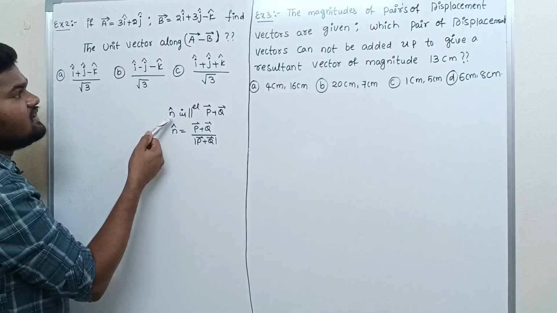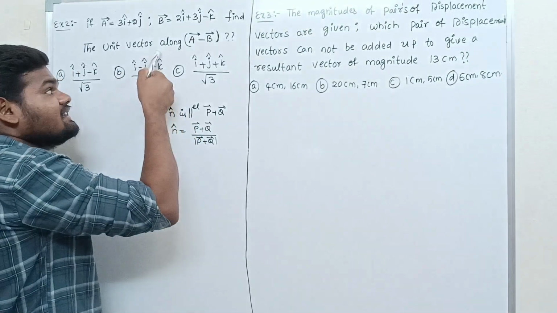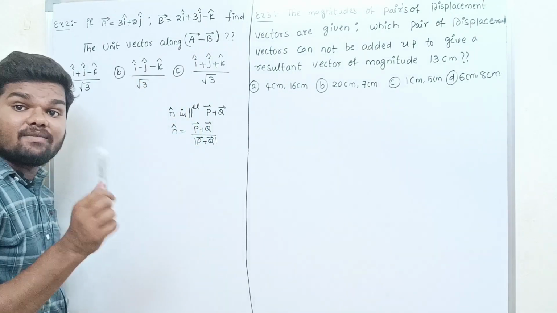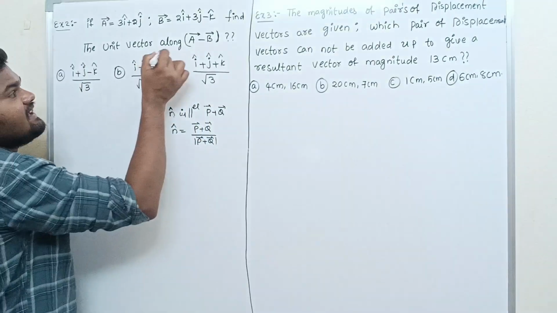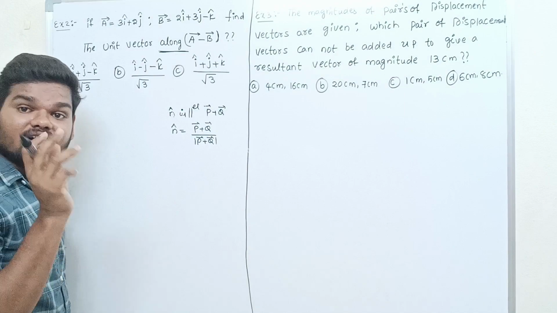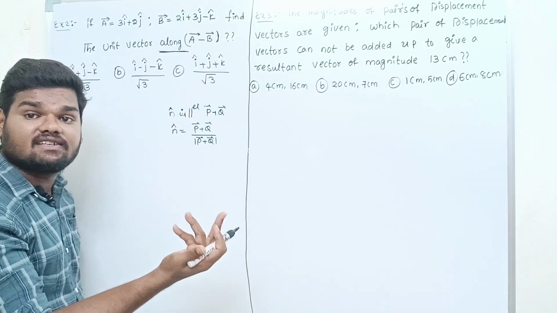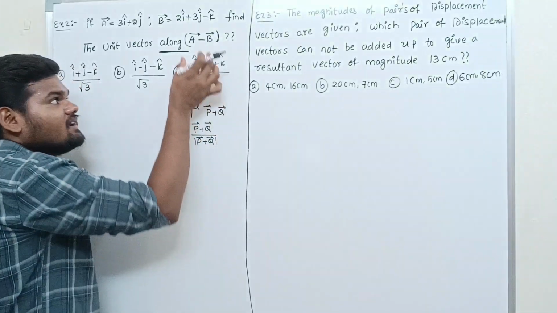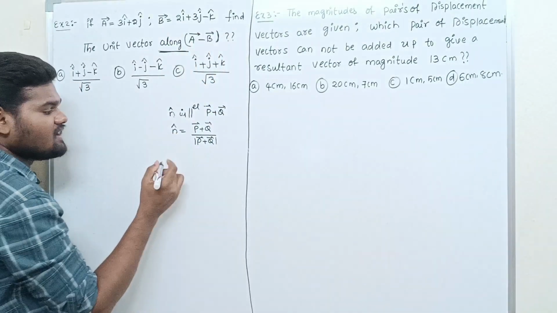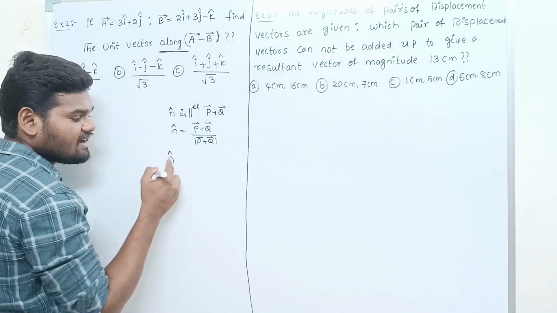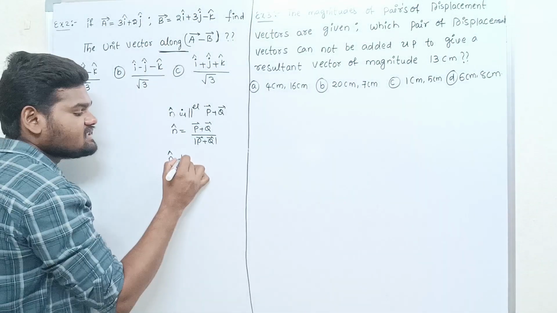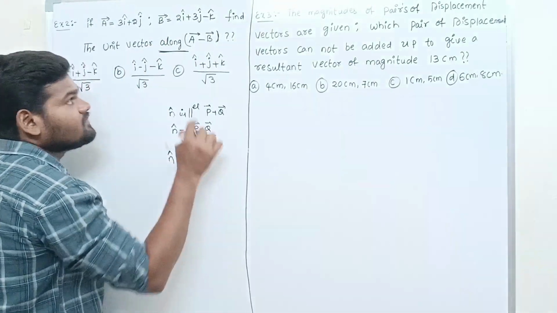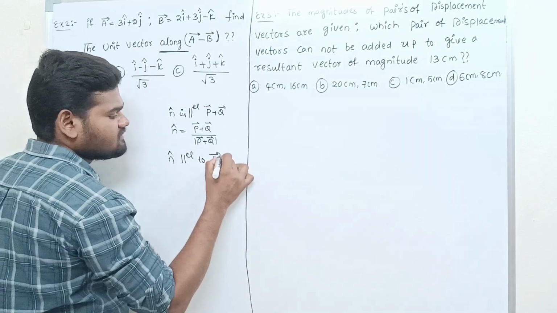In this question they have not mentioned the word parallel. They have given along. Along means same direction. Same direction means parallel vectors. So here we have p bar plus q bar, and here we have A bar minus B bar. So the unit vector along means parallel to A bar minus B bar.